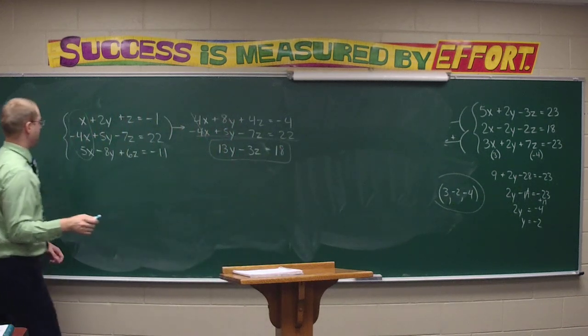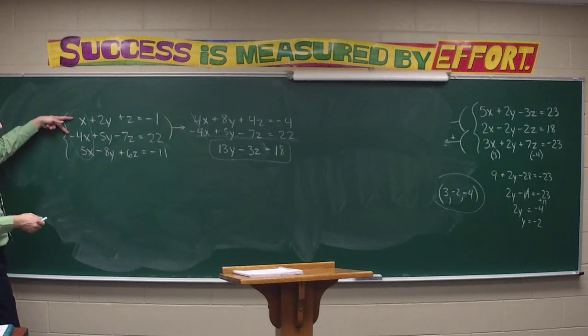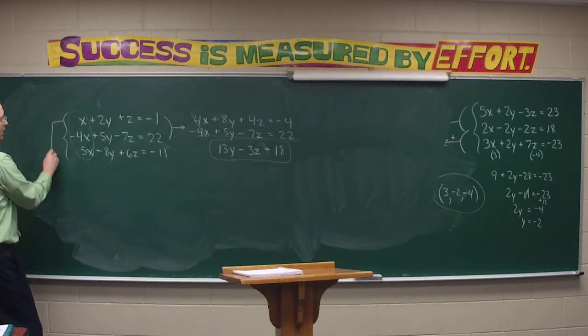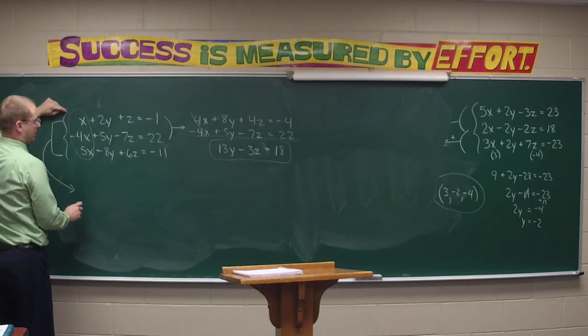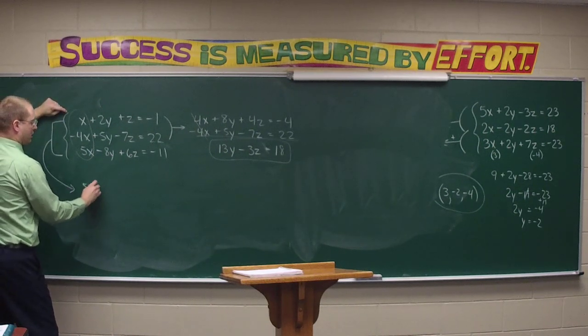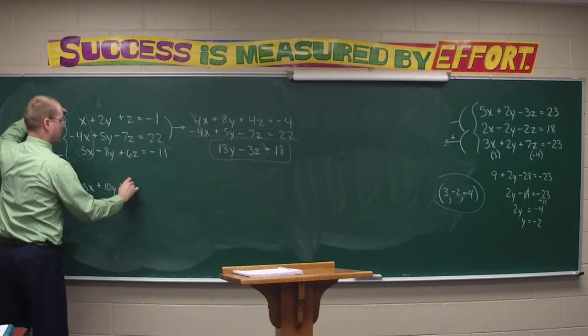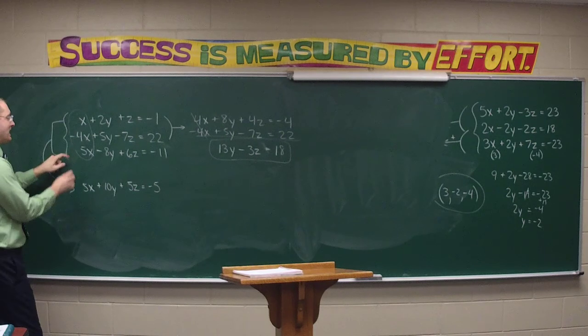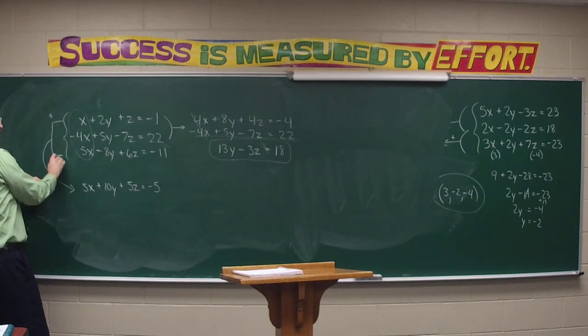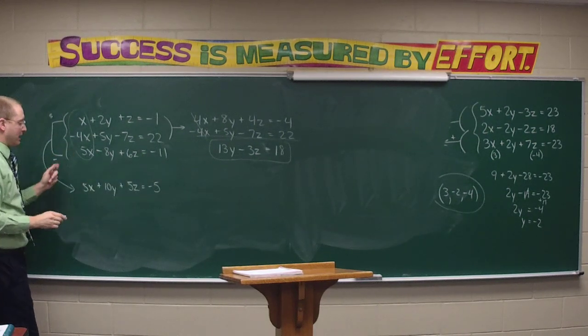All right, and then can't do first and second again. I assume we want to do first and third. Multiply the top by 5. And let me put a negative through the bottom. So I put a 5 through the first. Let me put a negative through the bottom here, Michael.